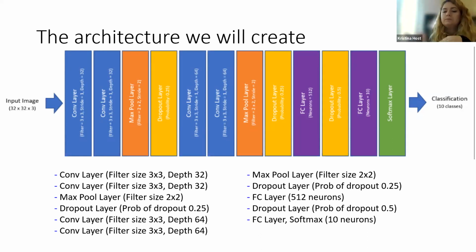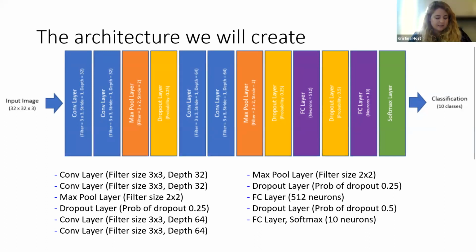Then the third and fourth convolutional layers, and again a max pooling, then again dropout, and at the end we will have fully connected layers that are used to classify the results that we have.